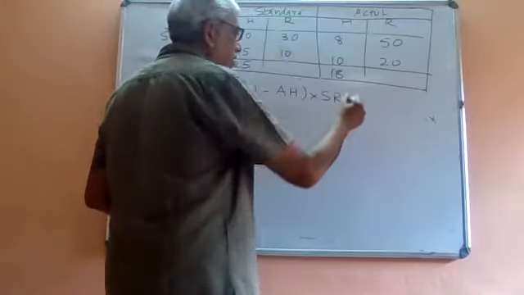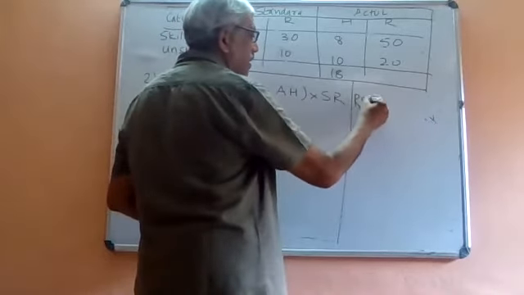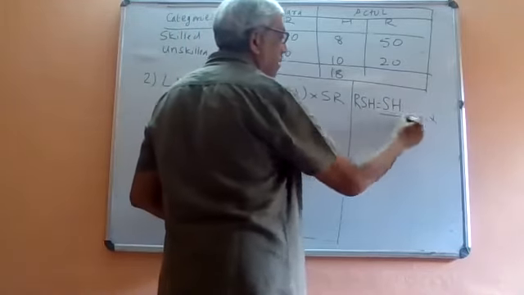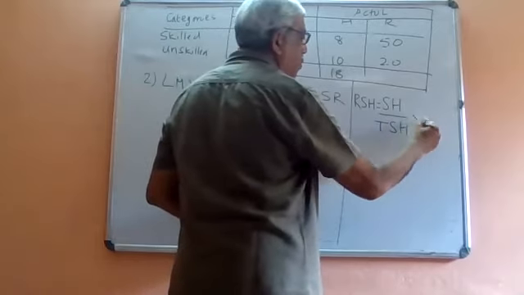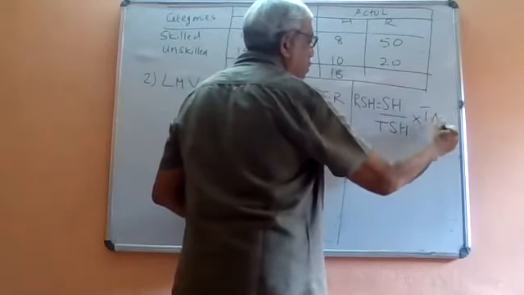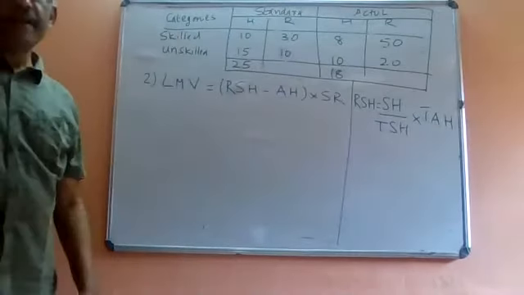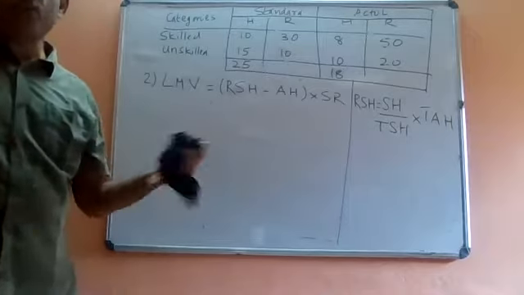Let me write the formula here. Revised standard hour is standard hour divided by total standard hour into total actual hours.